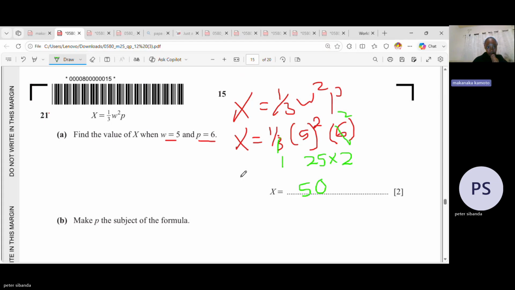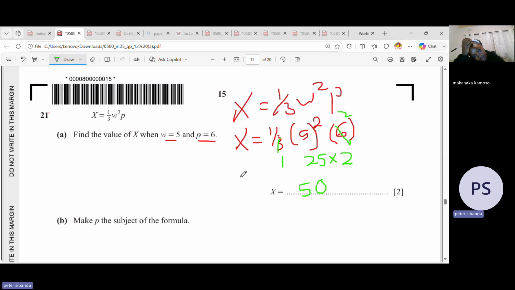Then there's an issue of making subject of formula. They said make P the subject of formula. Clearly they say that, meaning that right now X is the subject of formula because it's written on its own side and everything else on the other side. That's why we say it is subject of formula, right?